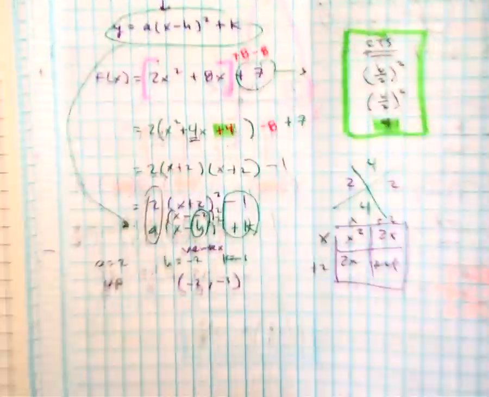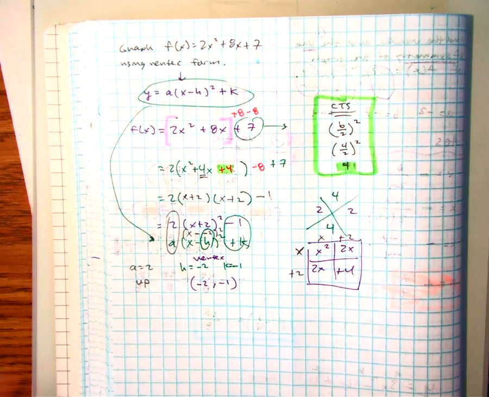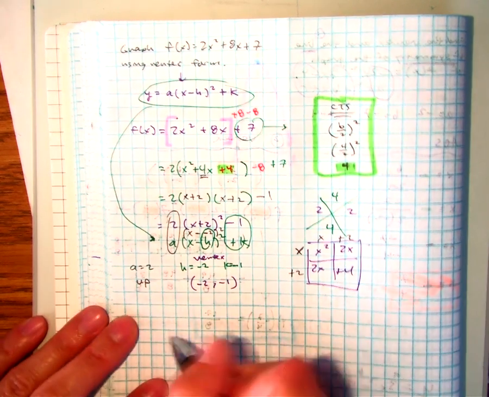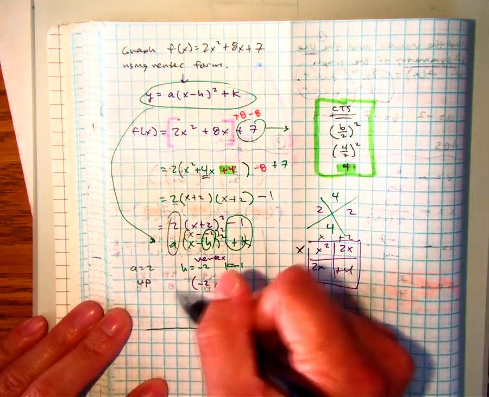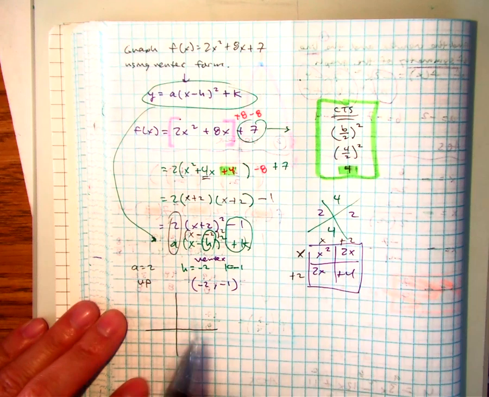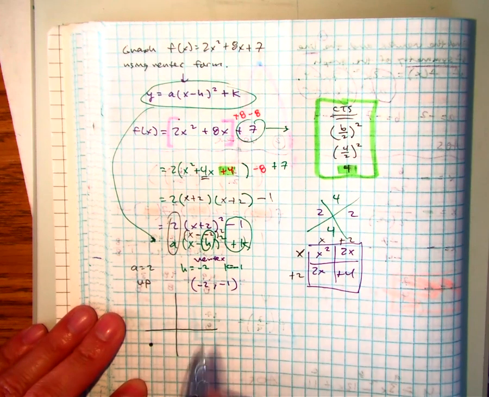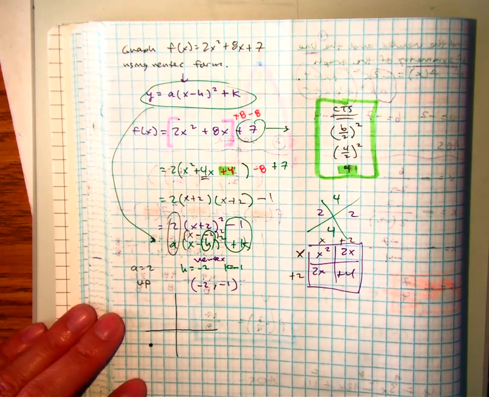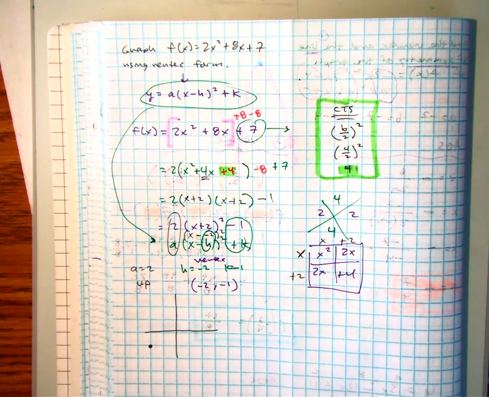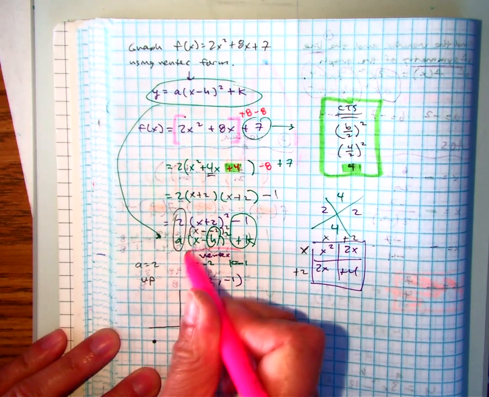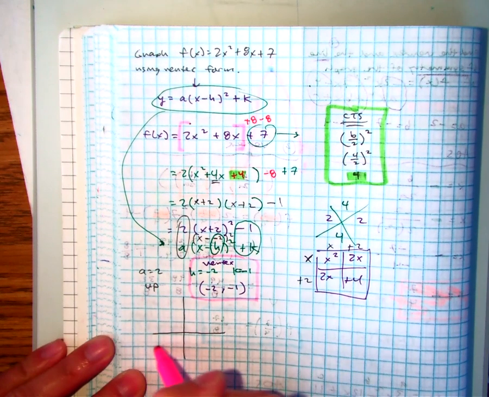And if you just make a quick sketch of what we've done so far. Left 2, down 1. There's my vertex. Let me highlight that in a color. Previously, in standard form, you found the vertex by negative b over 2a.